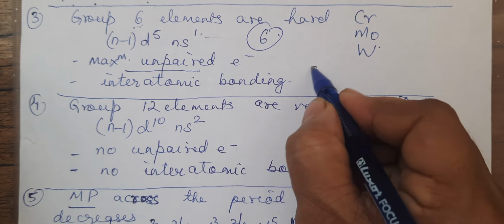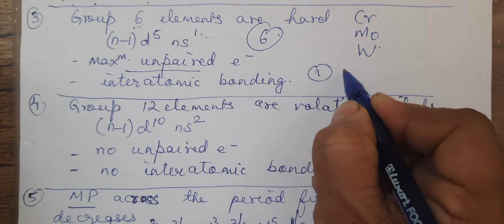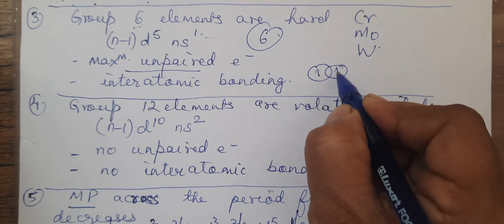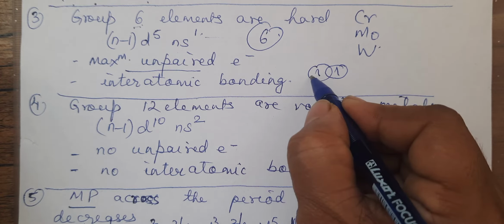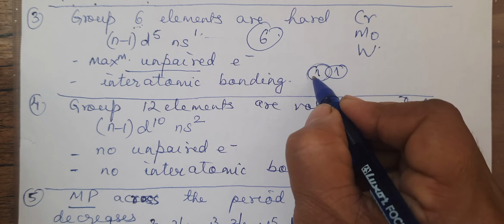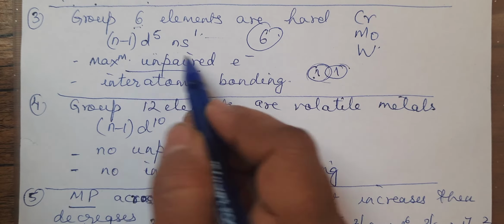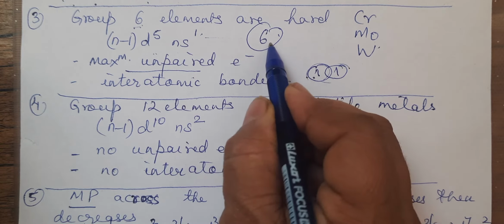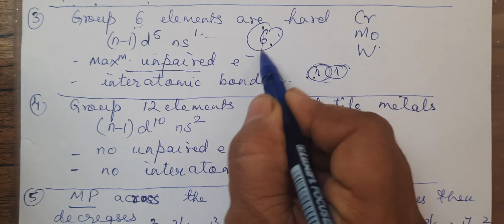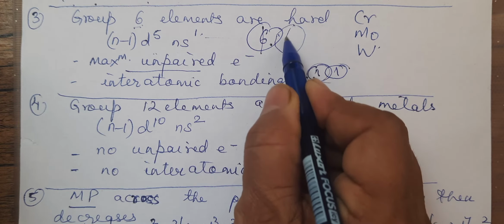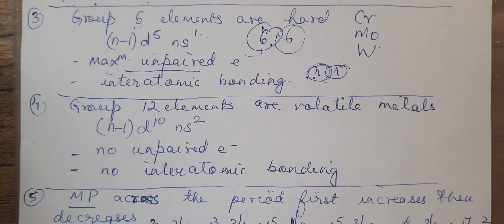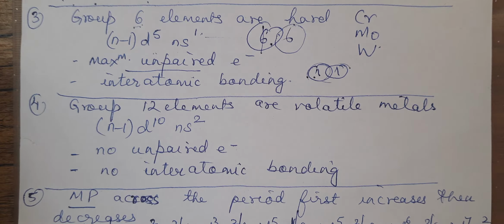Interatomic bonding means one atom's unpaired electron pairs up with another atom's unpaired electron. So the more the number of unpaired in one, the more will be the chance of interatomic bonding. That means in this case, one atom itself is having 6 unpaired. So 6 unpaired will pair up with the 6 unpaired of the neighboring atom. So the more the number of unpaired, the more will be the chance of interatomic bonding.